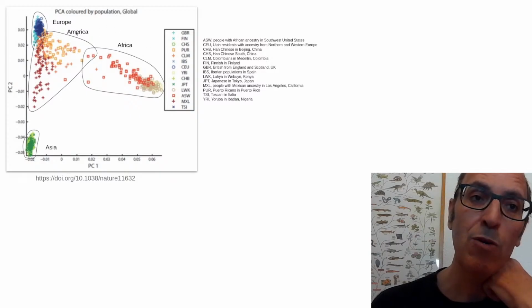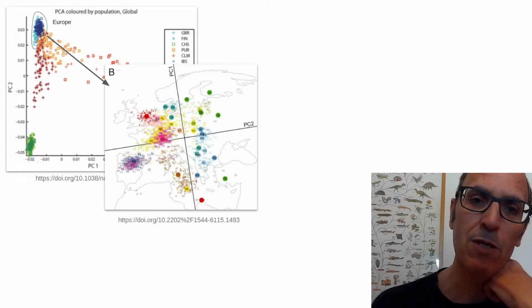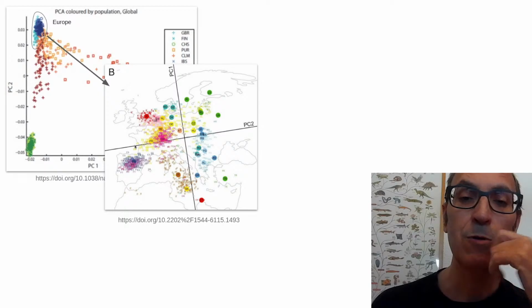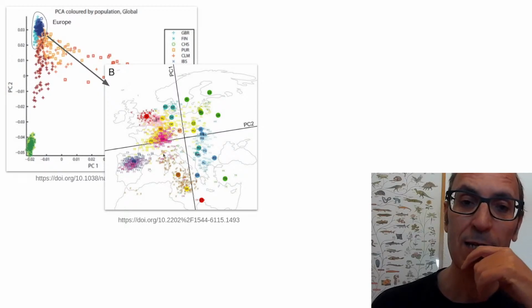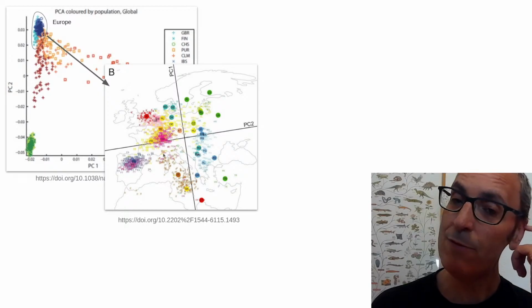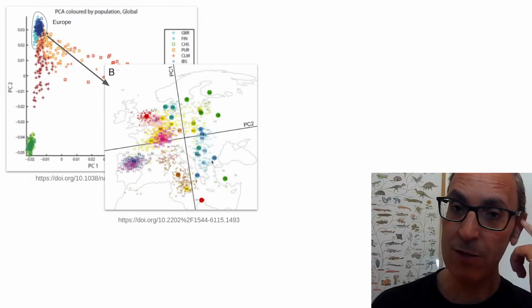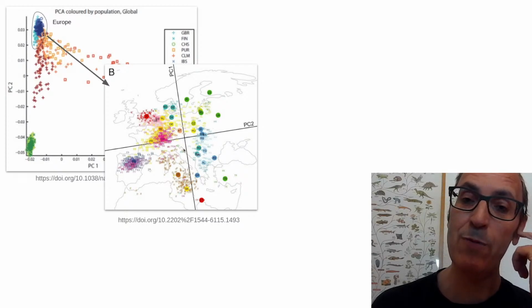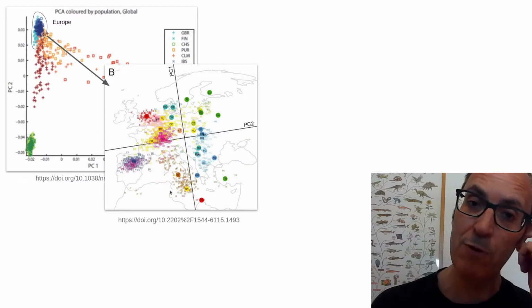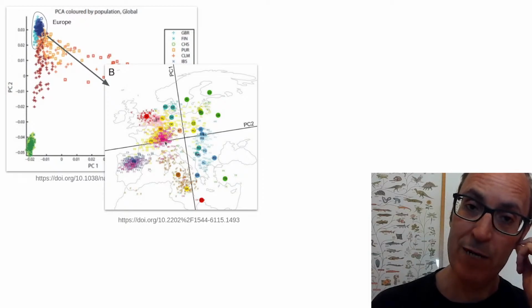But we could take the people in Europe and do an analysis of the people in Europe. And if you do that, what you get is that people in Europe have their own structure. You have people of Eastern Europe, Southern Europe, the Iberian Peninsula, the UK, France and Central Europe.